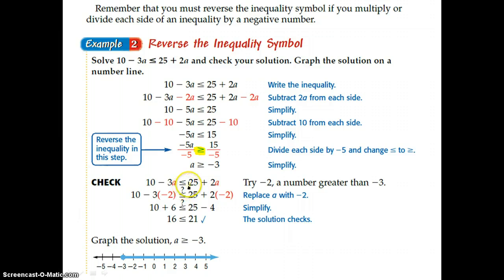One way to know that you forgot to do that is when you plug in your check, it's not going to work. So if you find that your check is not giving you an appropriate answer, go back and check to see that you reversed the symbol. And again, pick a number that you can use for the check and then graph the solution down here.